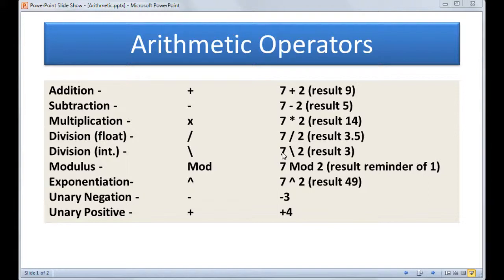Now, a little different from getting a whole number from a division is using modulus processing. Here's where we want to get the remainder. So if I take 7 modulus 2, I'll get a remainder of 1. 2 will go into 7 three times with a remainder of 1 left over, and so I get the result of 1.